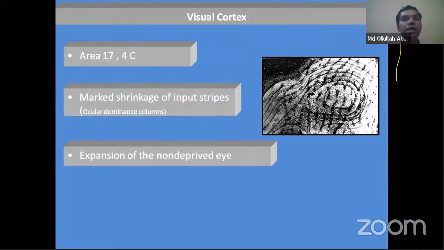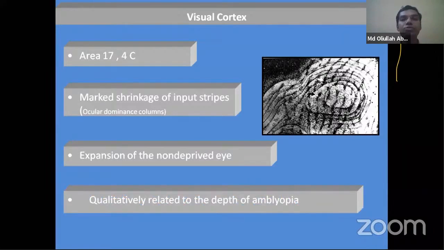So again, when there is a better eye, there will be expansion of these stripes. That means the dominancy is coming into place. And the depth of amblyopia exactly depends upon how much area of this visual expansion happens in the visual cortex. So the larger the expansion, the denser the amblyopia is going to be.